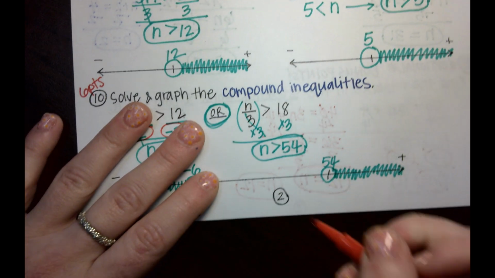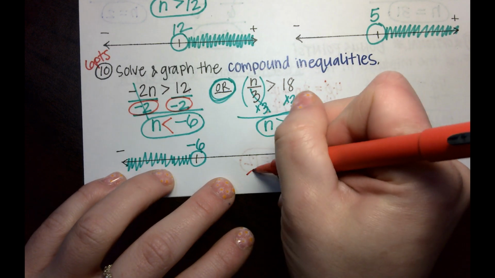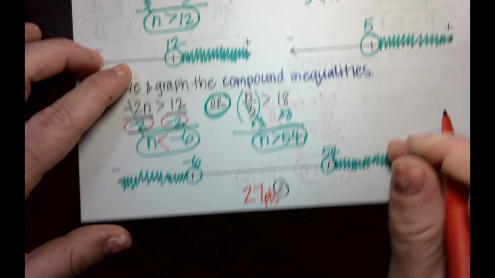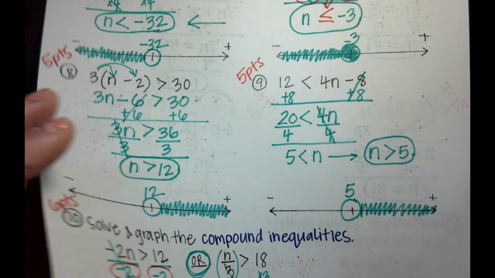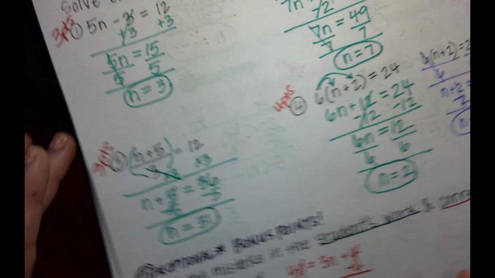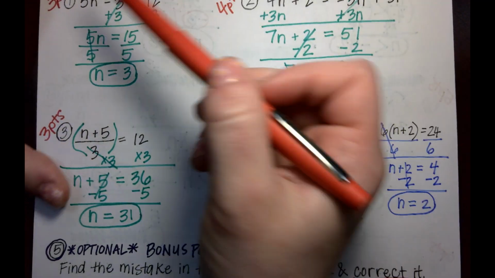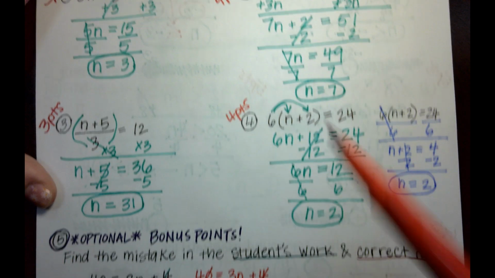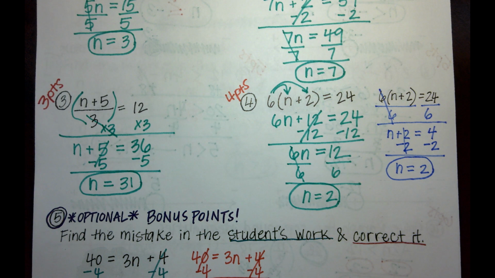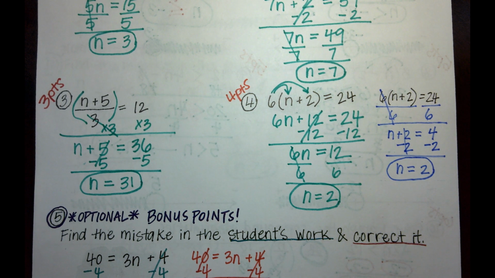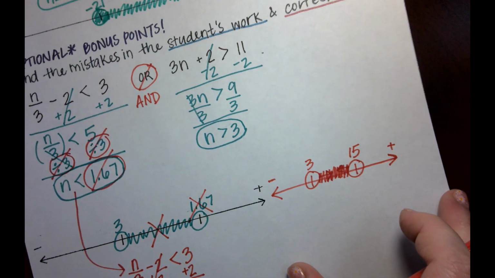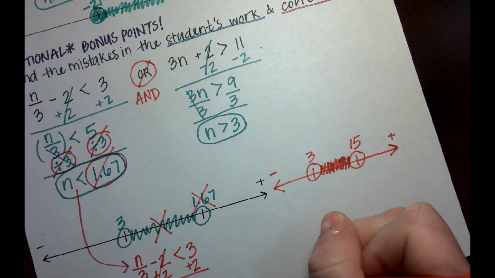Okay, this page alone is 27 points. That's a lot of points, y'all. I don't normally make them worth that much, but let's see. This page is worth 3 plus 3 is 6, 7, 8, 9, 10, 11, 12, 13, 14 points. Okay, so 14, 27, and this one has got 6 points.